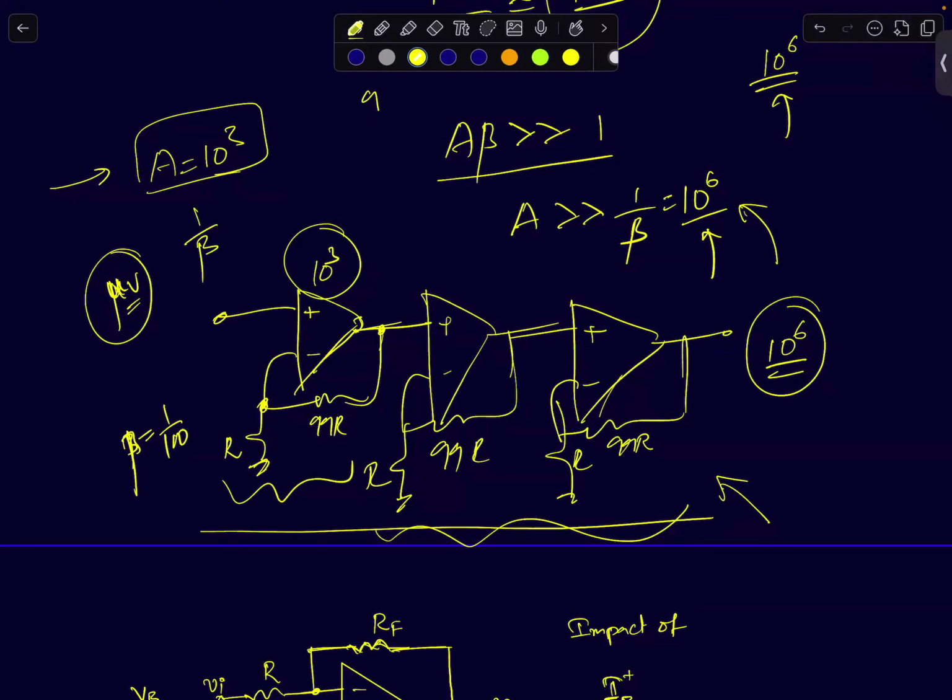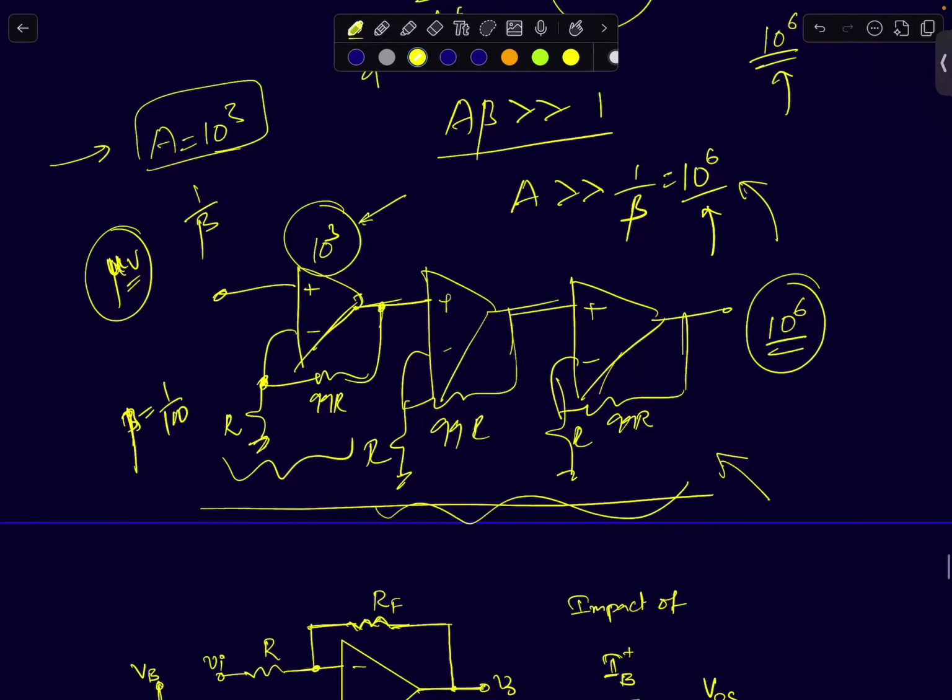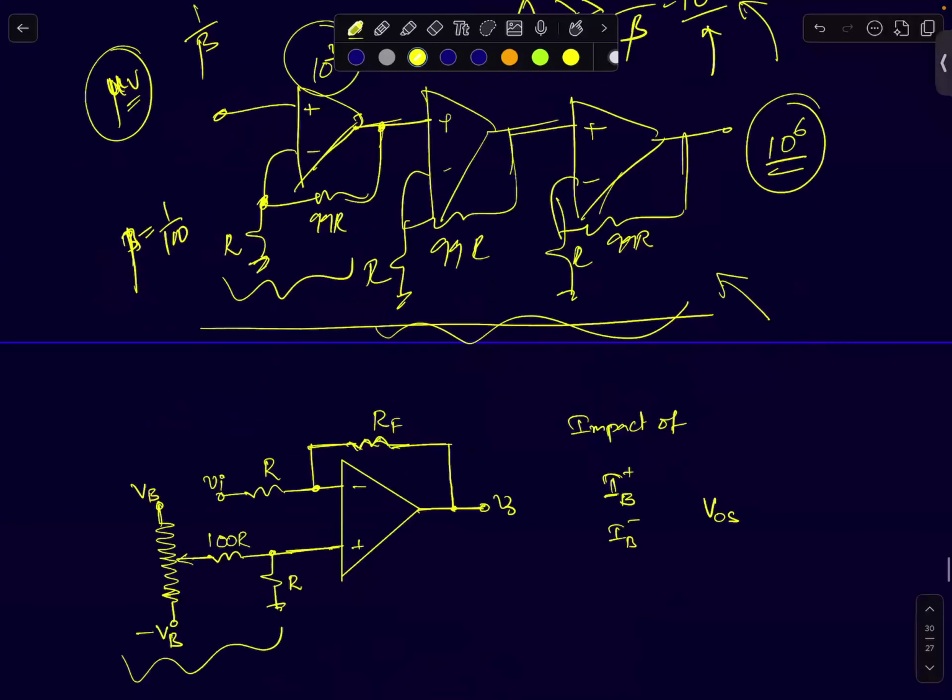All I'm saying is that if you want to realize a very high gain in a single stage amplifier, you need to have a much higher gain for the opamp. The DC gain of the opamp has to be much greater than 1 by beta. That's all I'm trying to say here. This is something to keep in mind, because so far we didn't analyze the impact of DC gain in circuits. So I'm just showing you an example where DC gain matters, when you are realizing very high gain.